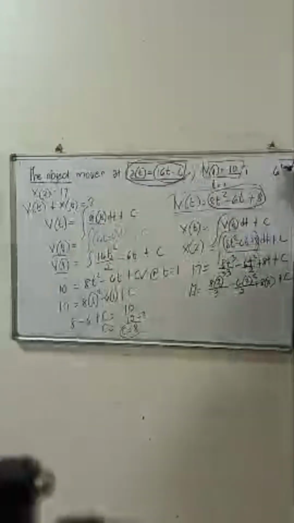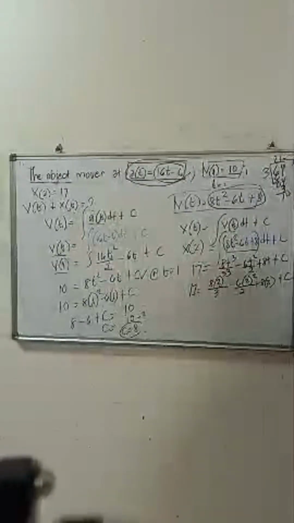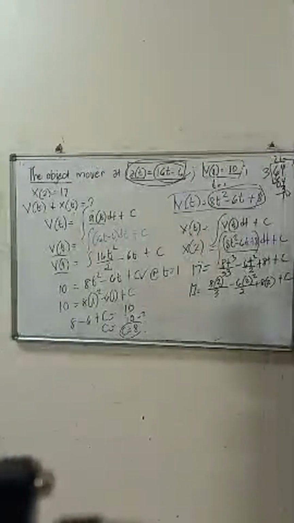Okay, 2 raised to the power 3 is 8. 8 times 8 is 64. 64 divided by 3 gives a decimal. We don't need to deal with fractions here, guys, in motion. It's not good to deal with fractions. Always use digits, decimals, or whole numbers.